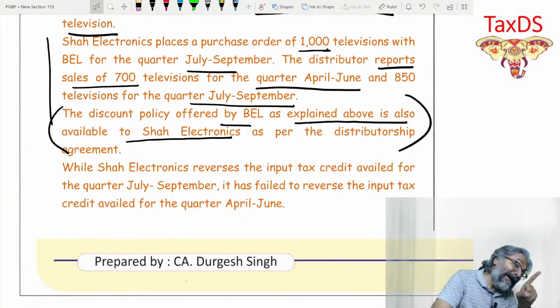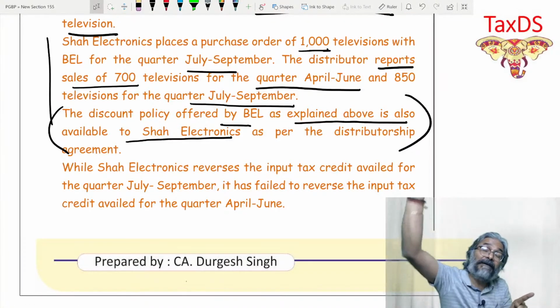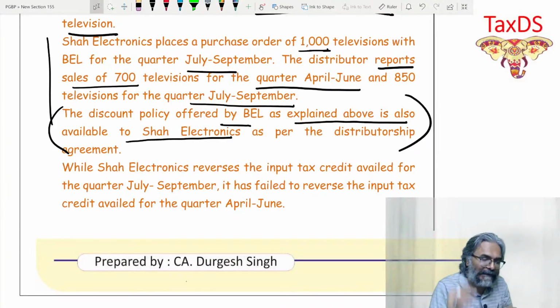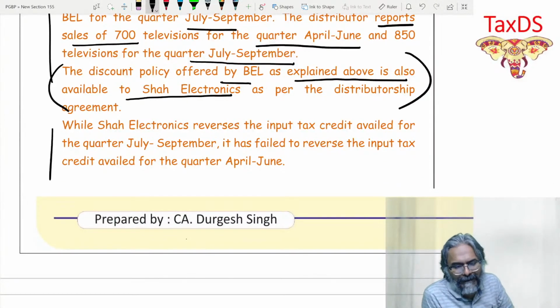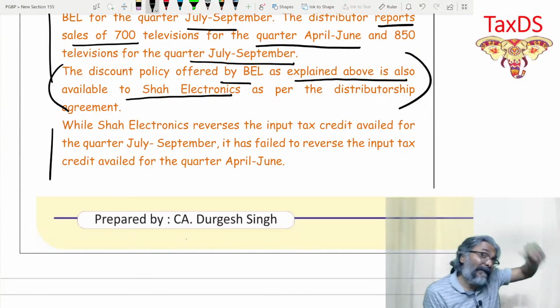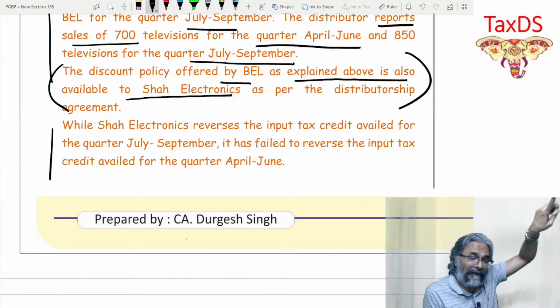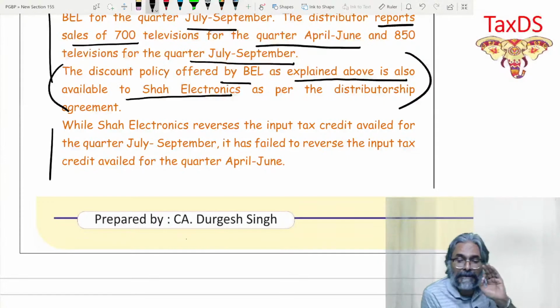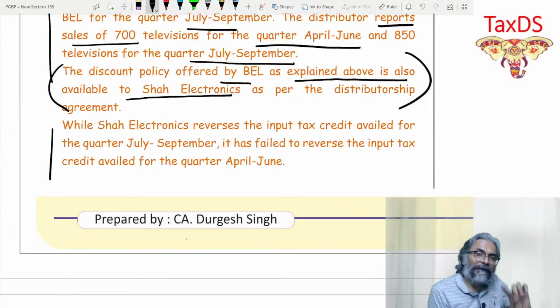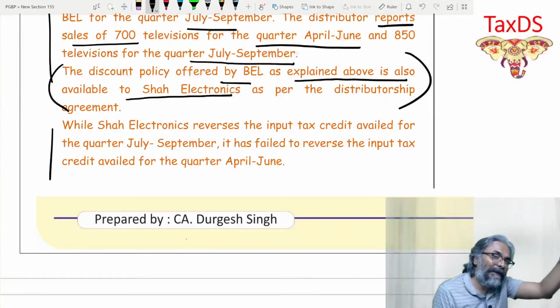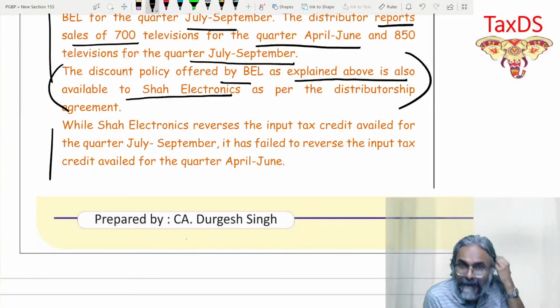But to get the deduction, I need to also satisfy the second condition about the reversal of ITC. See this part. While Shah Electronics reverses the ITC availed for the second quarter, July to September, it failed to reverse the ITC for the first quarter. So for the first quarter of April to June, will you get the deduction of discount?